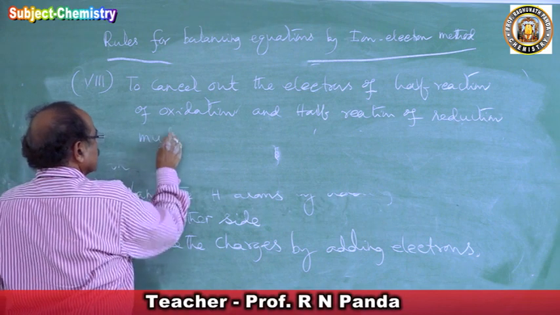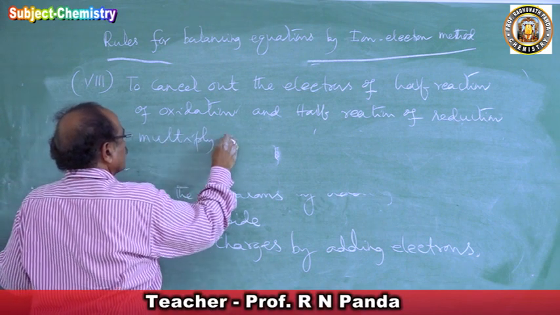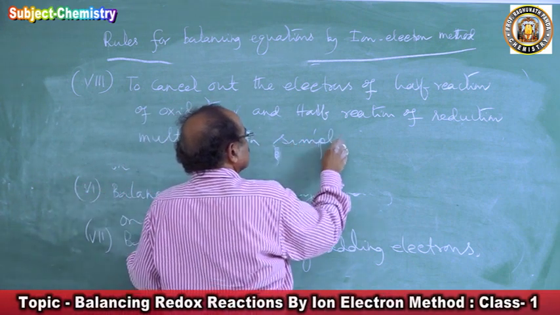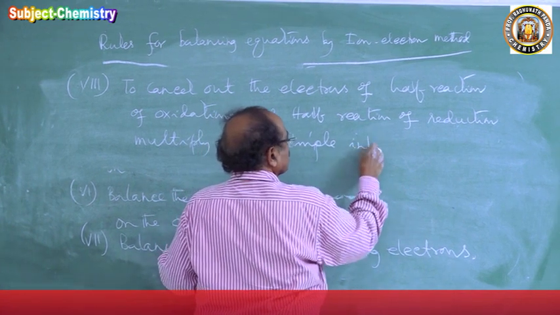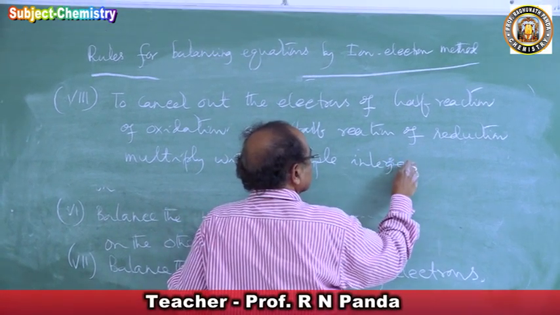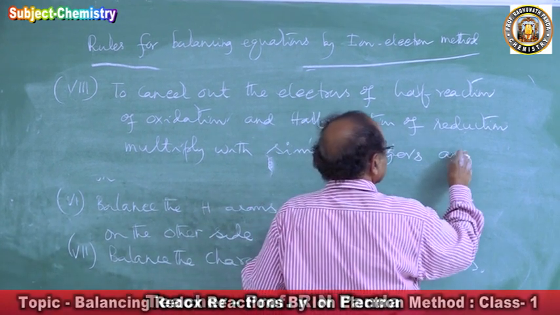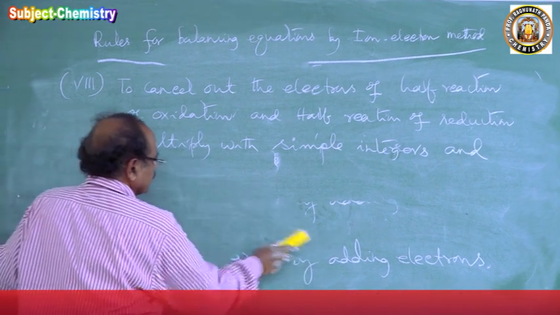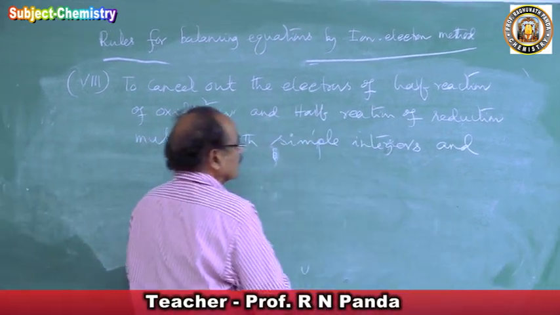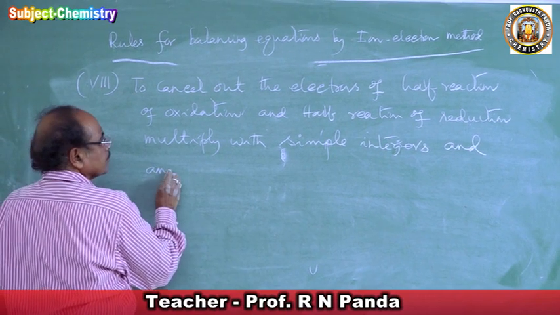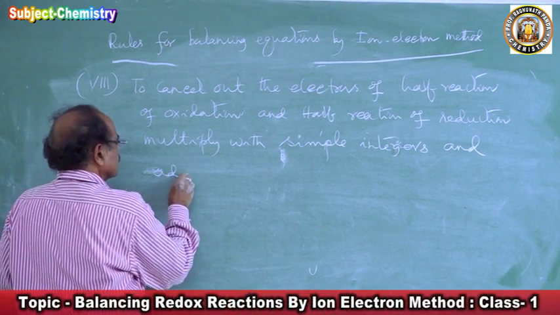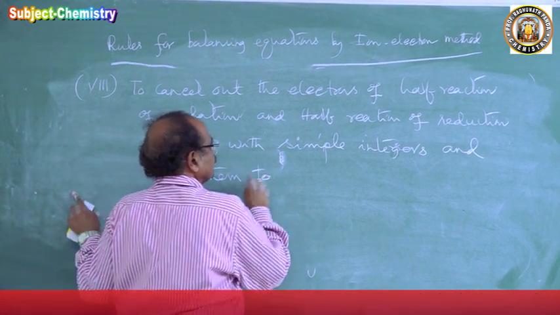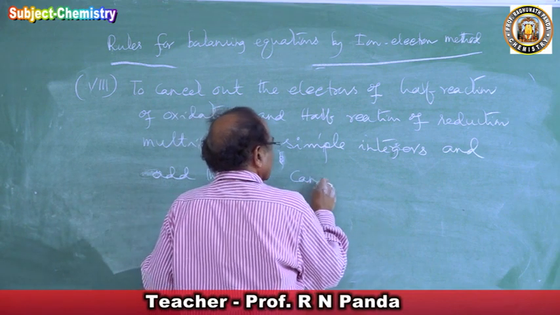Multiply with simple integers and add them to cancel out.